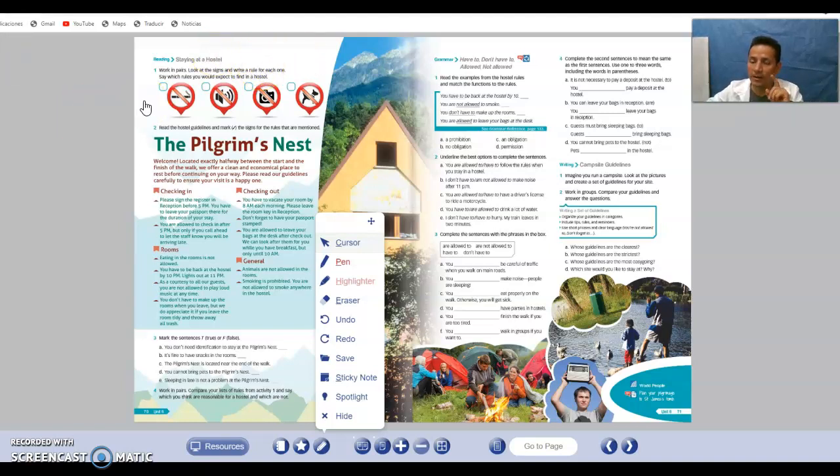Remember, there are three activities that you're going to do with this reading class. First, you need to use a pencil or a pen, or it's possible to use flash color, and then you need to circle first, circle the words that you don't understand.